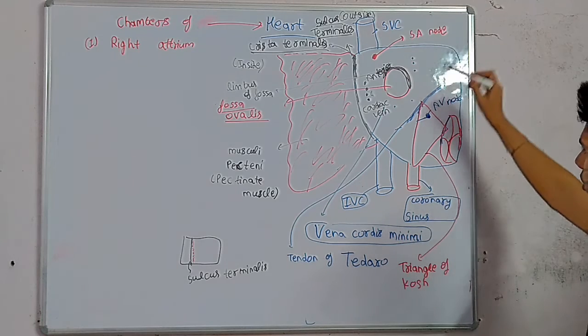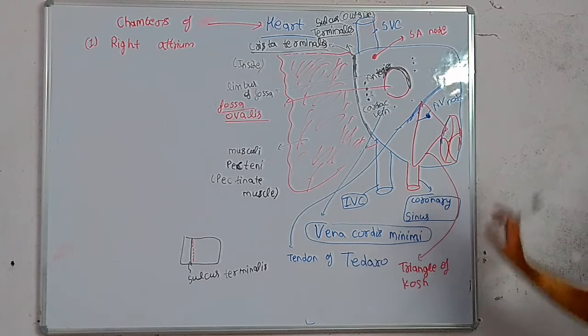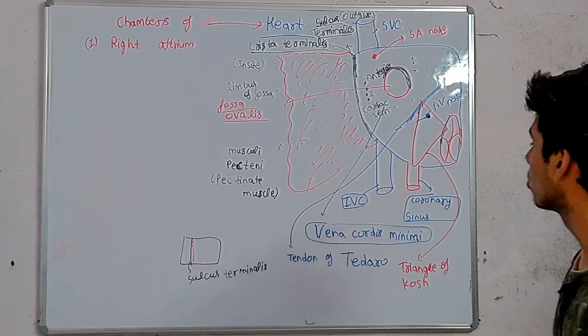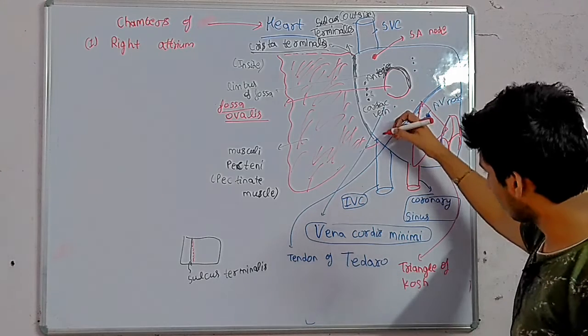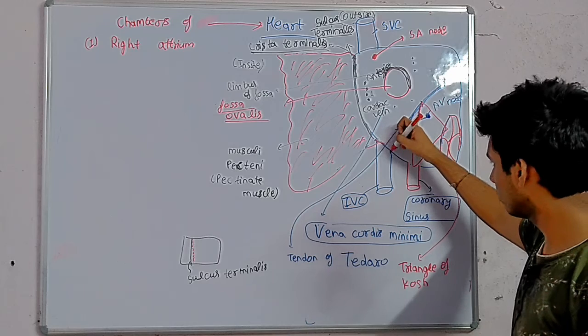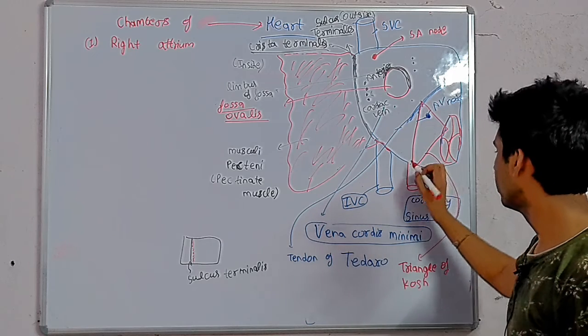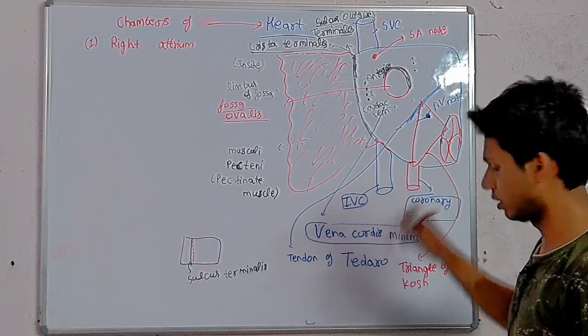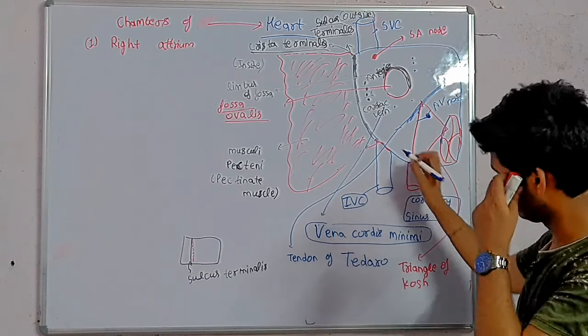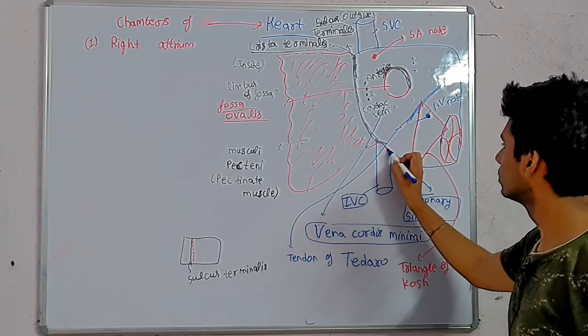Limbus, atrium, Todaro, Koch, septum, openings, and some veins are also present. For the inferior vena cava, we know there is a vein, and here is another vein for the coronary sinus.